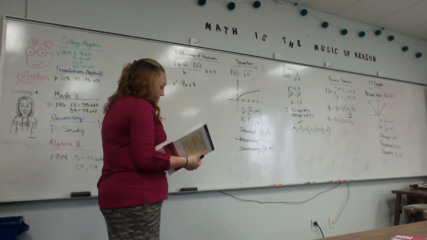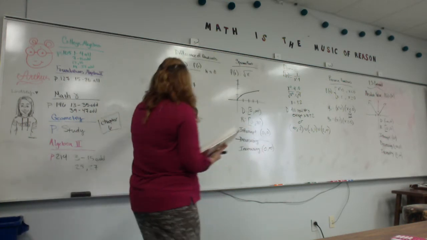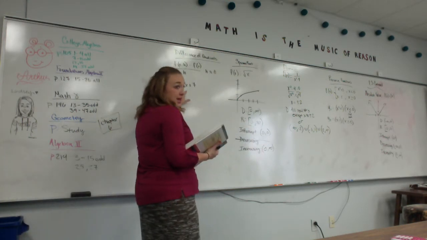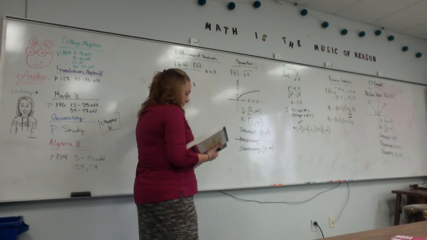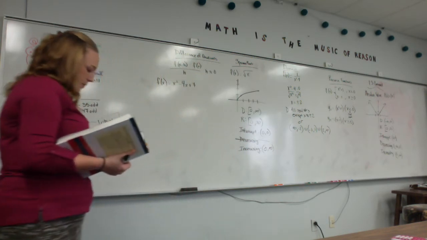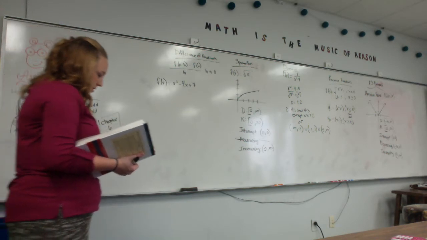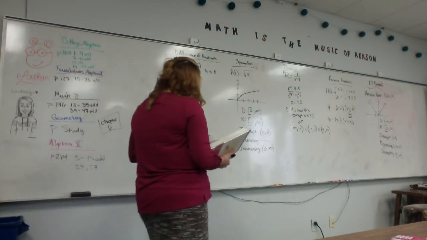So you have to physically plug in this whole equation every time there's an x. That becomes a little bit difficult, and we're going to talk about why in a second.